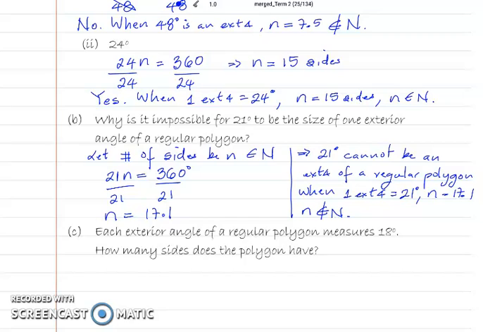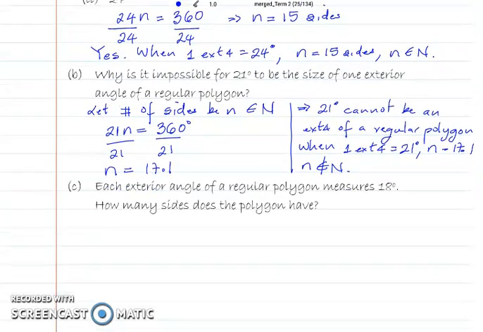Therefore, it is impossible for 21 degrees to be the size of one exterior angle for a regular polygon. When you do the calculation for n, you must get a natural number greater than or equal to 3. If you get a decimal, the answer is no. If you get a rational number or an irrational number, the answer is no.